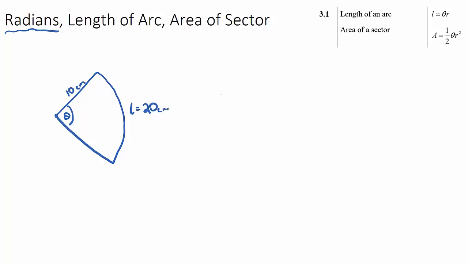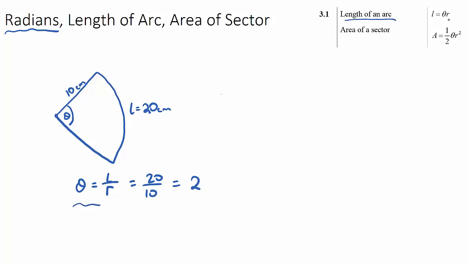Well, in fact, we can find out what theta is very quickly in radians, because theta is going to be the arc length divided by the radius. So theta is just going to be 20 over 10, which is 2.